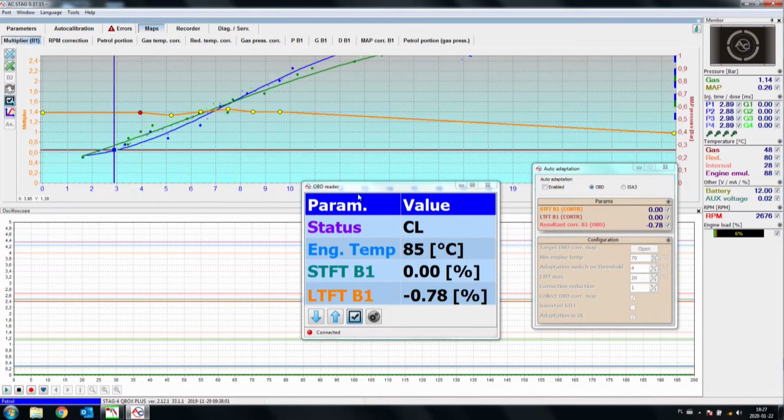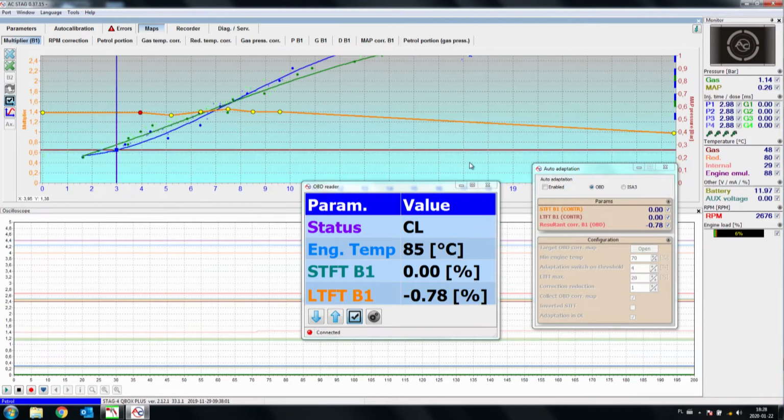Our controller is taking information from the OBD of the car about the changes that ECU is making to the mixture, and is trying to do the same with the mixture of the gas and the air in that situation.